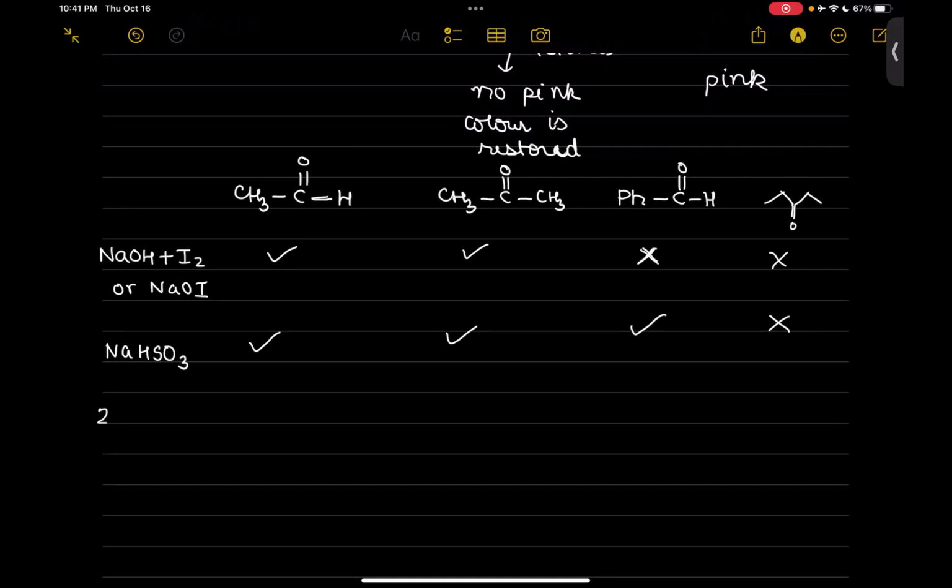Next is 2,4-DNP. So we are just trying to summarize all the reactions, then we will move on to carboxylic acids. What is the outcome of the reaction with 2,4-DNP?